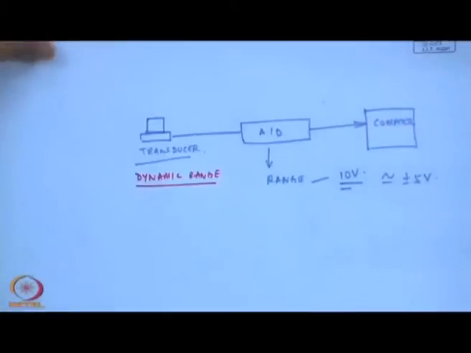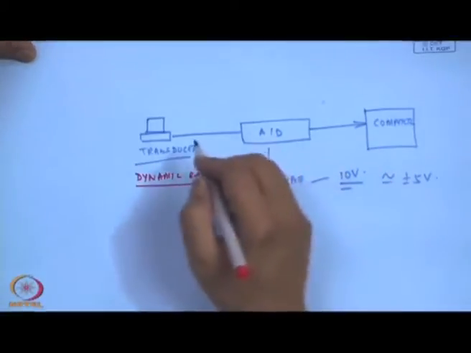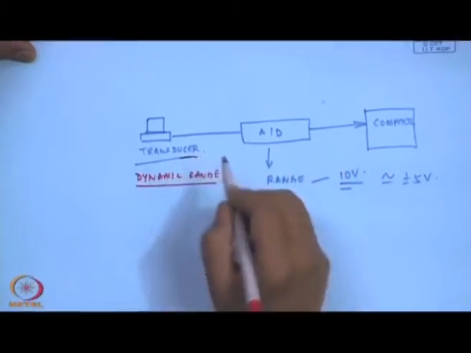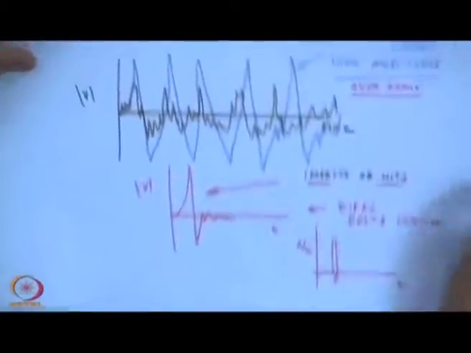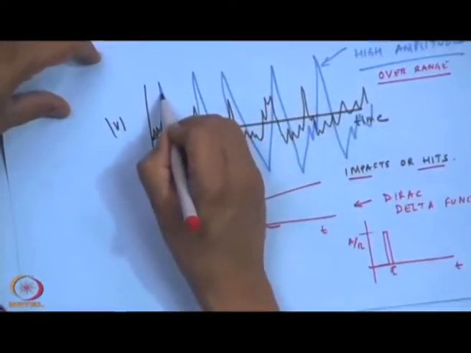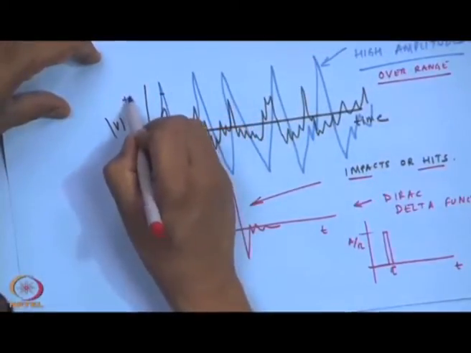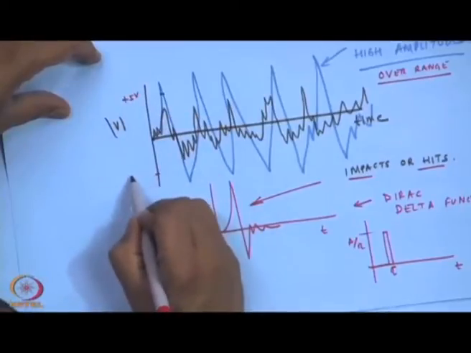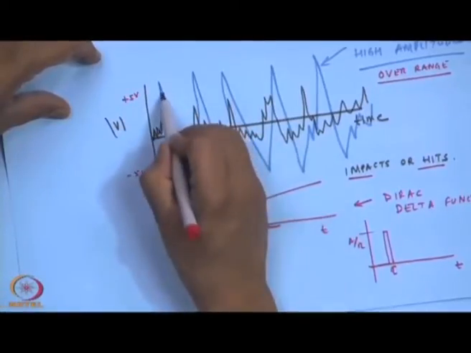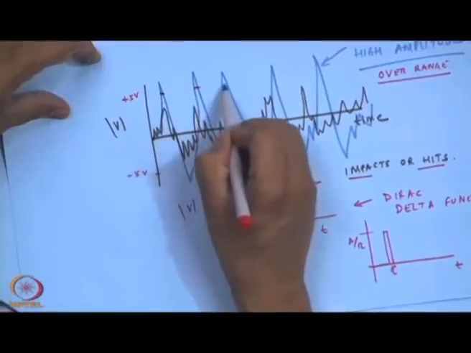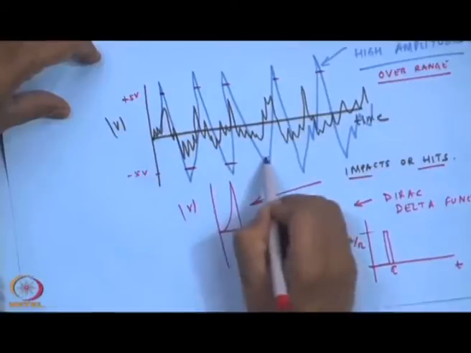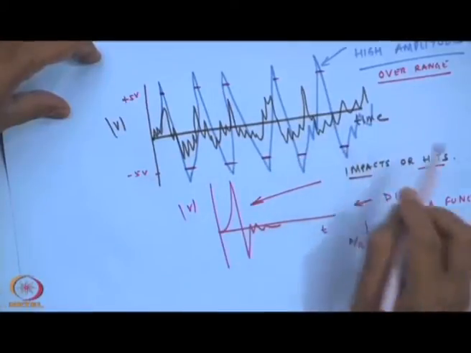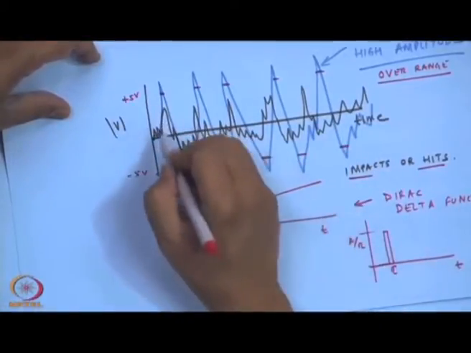In such a case, what happens? These signals will be truncated, because my A to D system will understand this is plus 5 volt and this is say minus 5 volt. So, the A to D card will not try to understand anything beyond plus 5 or minus 5. So, my signal will look truncated.